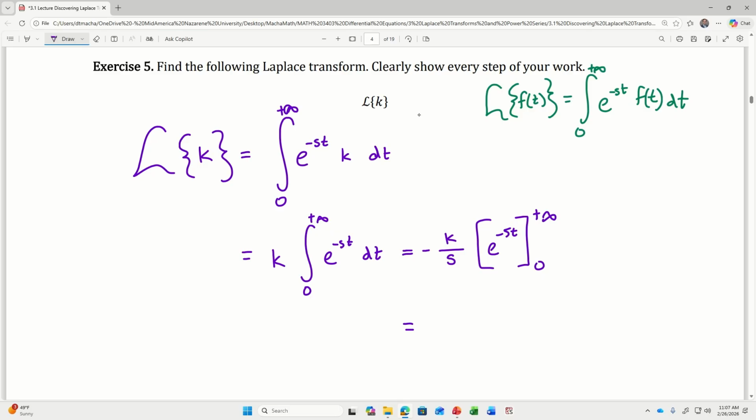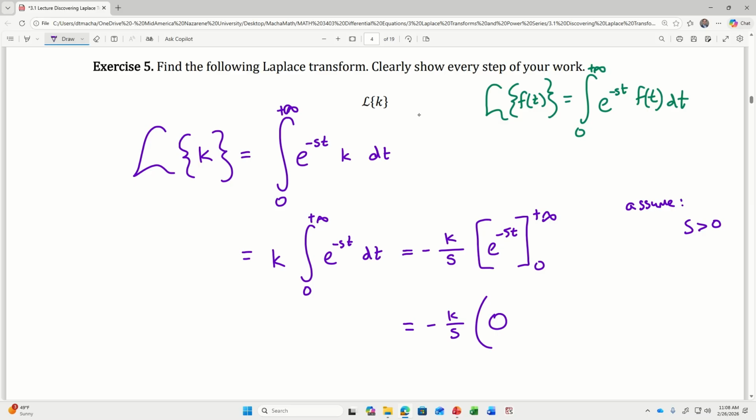And what's the limit of e to the negative st as t approaches infinity? Assume s is greater than 0. So then it would be 0. Yeah. So if s is positive and t is approaching infinity, also positive, and you've got that minus sign, then the e to the negative big real number is approaching 0.